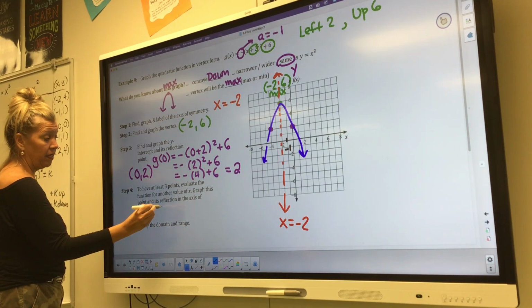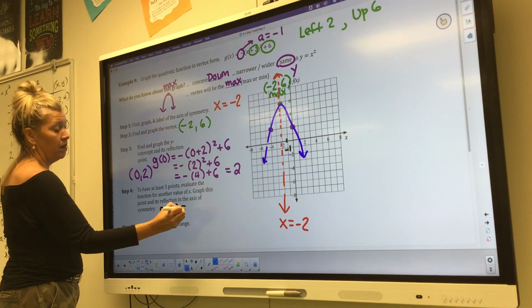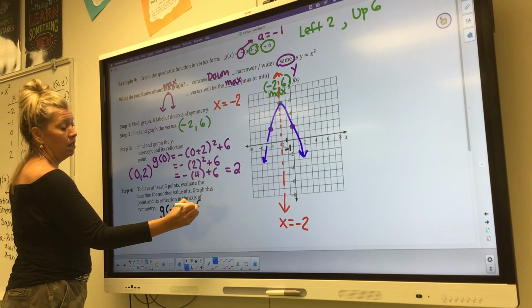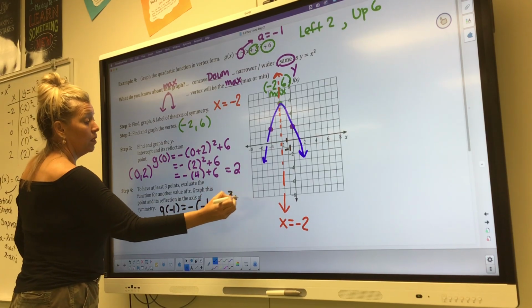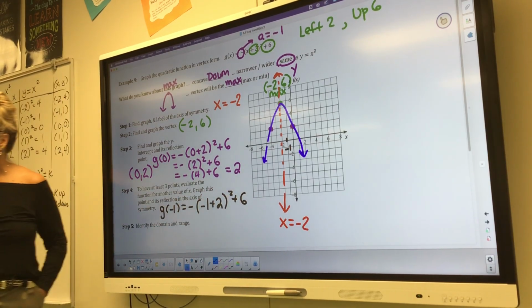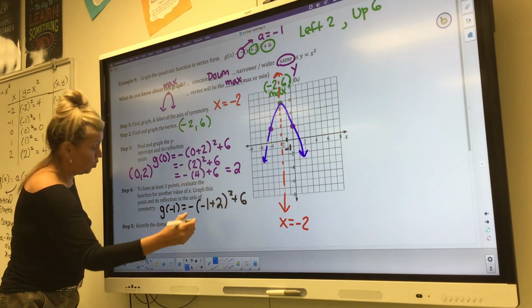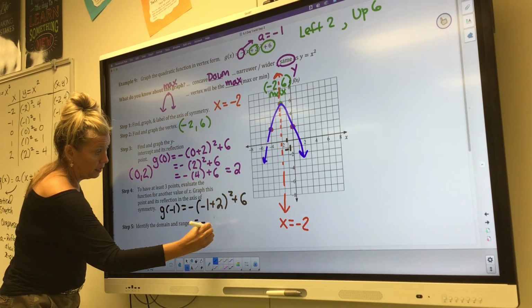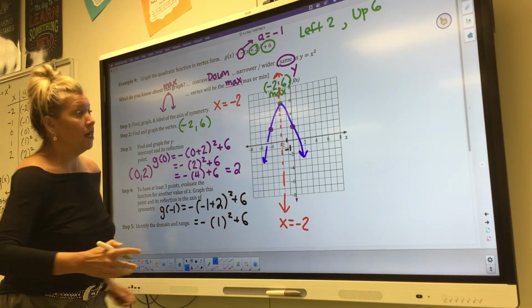So I'm just going to evaluate the function, g of -1. So -(-1 + 2) all squared, plus 6. Then we do our order of operations. So -1 plus 2 is +1.